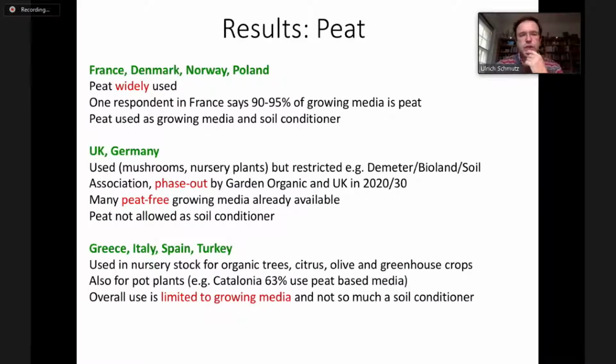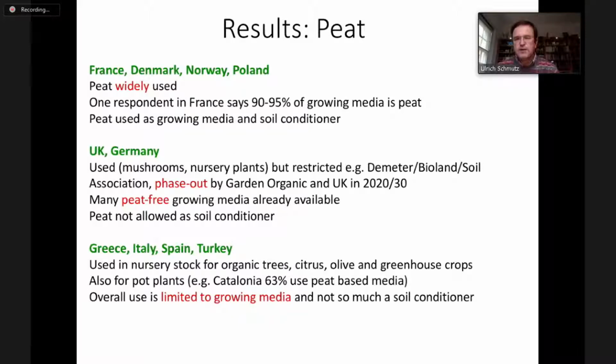peat in those countries, and it's still quite a big issue, even in garden centers for home production, where you really don't need peat in any form. But it is a little bit of a scattered picture.